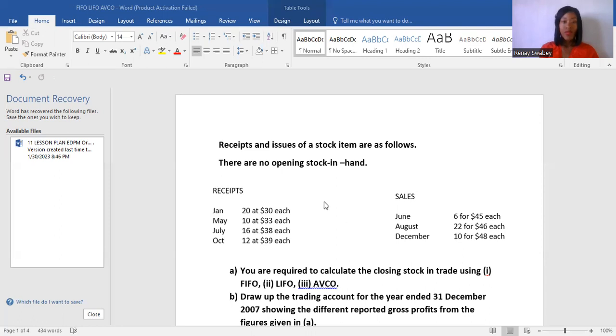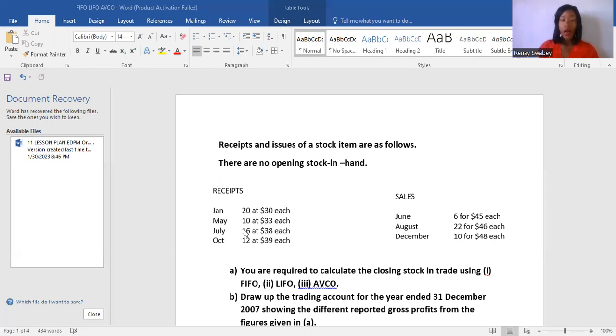So here's a question for us, an example. Receipts and issues of stock of a stock item are as follows. And here we see receipts and sales, so all the items that were sold for these 3 months, and the items that were received or purchased for these 4 months. But before we go into that, let us say that this is a business.